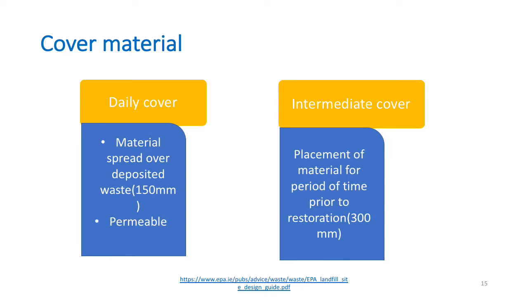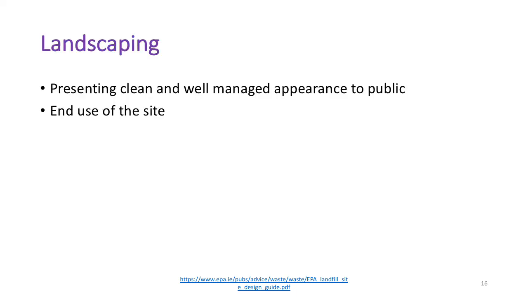Daily cover is the material spread over deposited waste that is about 150 mm if soil cover is used and it is permeable. Intermediate cover is placement of the material for a period of time prior to restoration that is 300 mm. And the last step is landscaping. Basically, it is the end use of the site and presenting a clean and well managed appearance to the public.